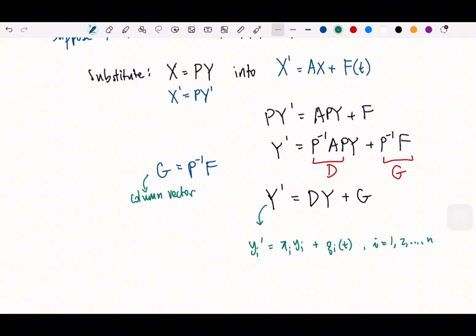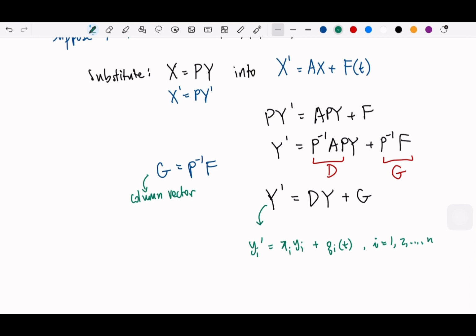So if you remember the diagonalizations that we did before, we just need to find the matrix P without confirming whether it is going to diagonalize directly or not. But now we also need to compute P inverse, okay?